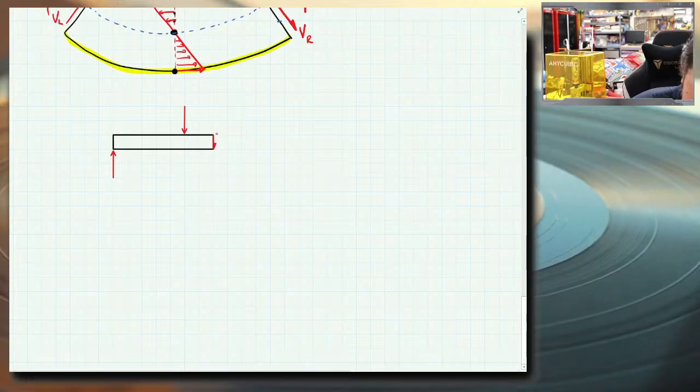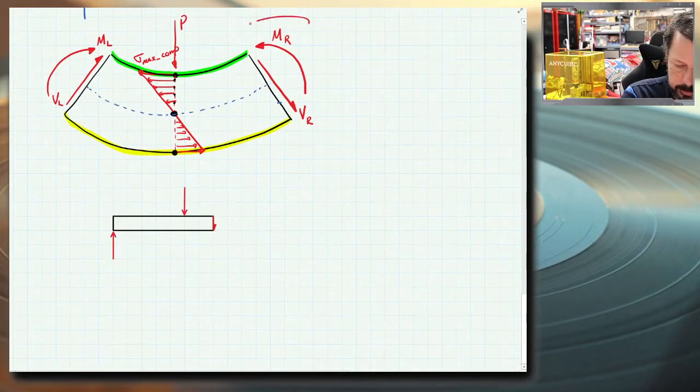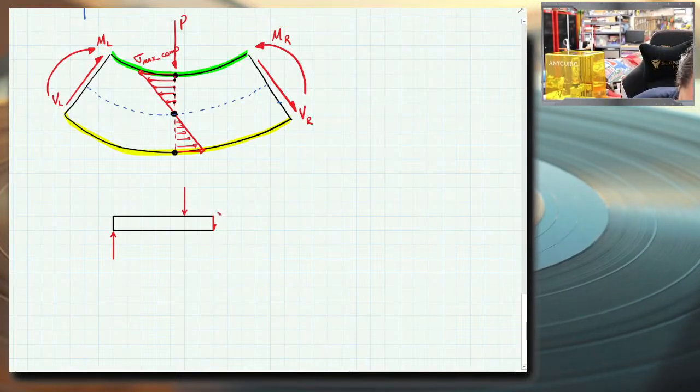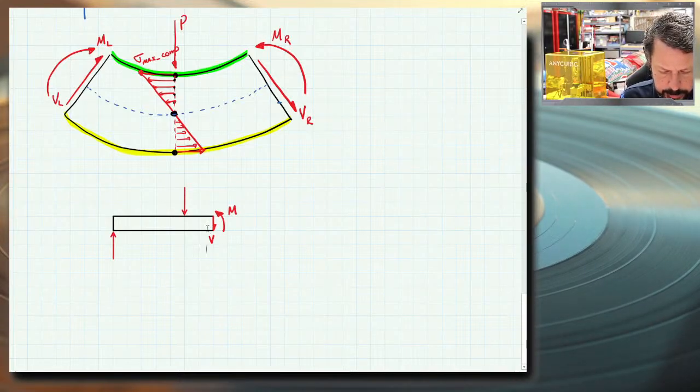And now we have to draw this arrow the right way. So we're looking at the right side of a free body diagram, so I've got to draw this arrow counterclockwise. So there's M, there's V, the shear force on this surface. I forgot these other values.